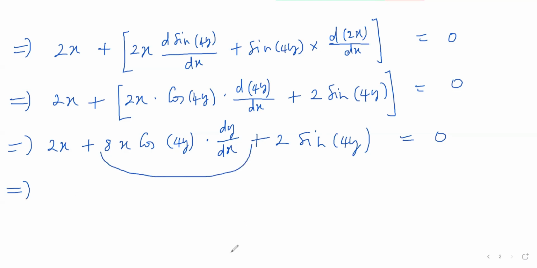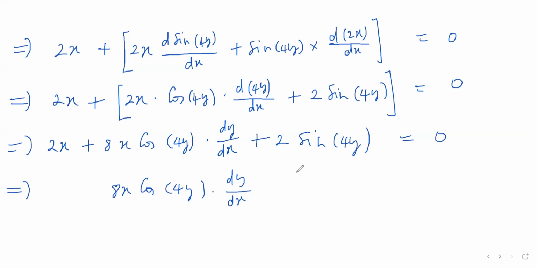We leave that on the left side of the equation, and everything else moves to the right. So therefore we get 8x multiplied by cos of 4y multiplied by dy dx.